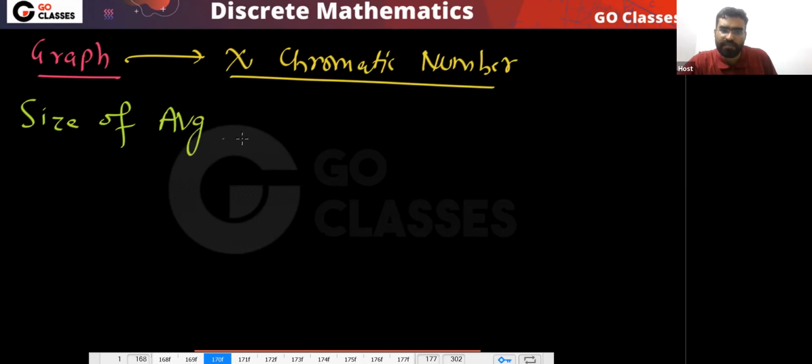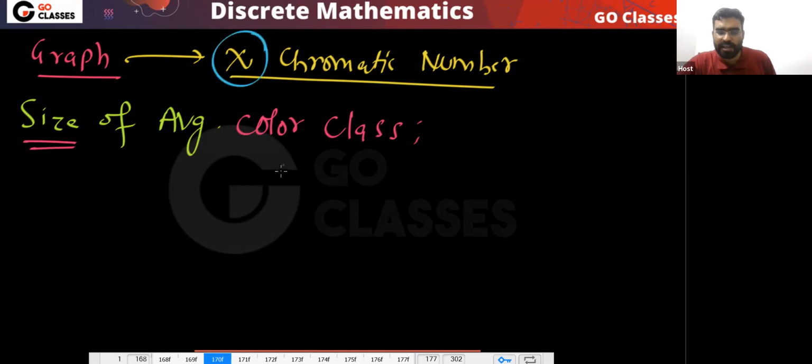Tell me, at least one color class you will have, right? Size of average color class, what will that be? You have these many color classes, so the average color class size will be the number of vertices divided by zeta.